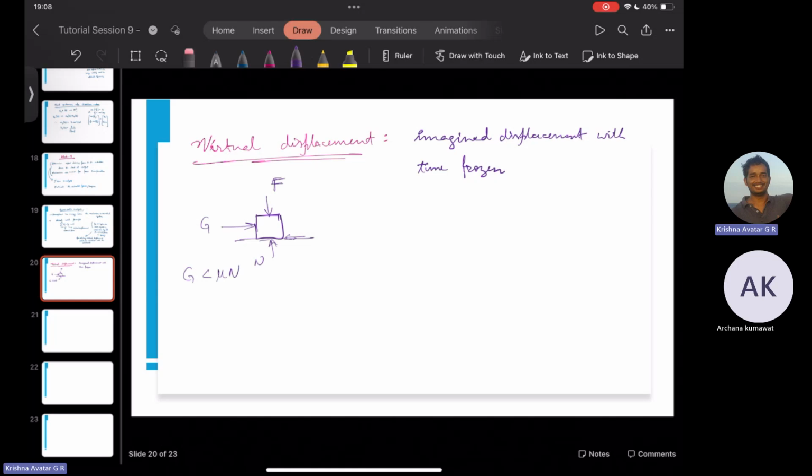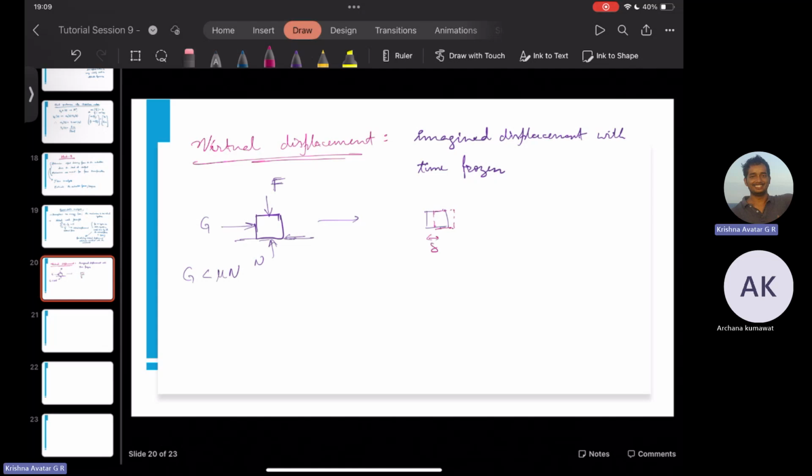So say this system is right now under static equilibrium. However, say you allowed it to slightly displace. I think the colors are not distinct, let me use a different color. So we allow it to slightly displace, and this displacement is delta.